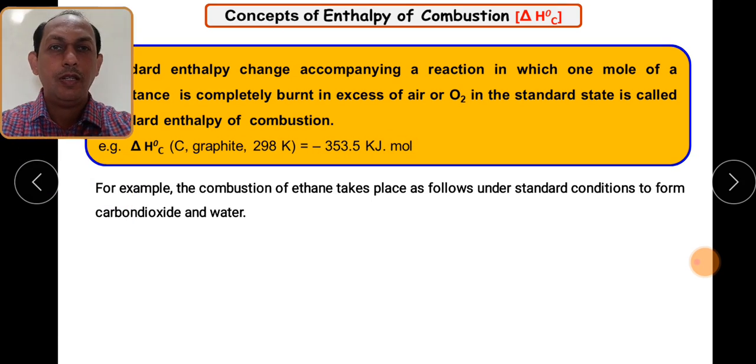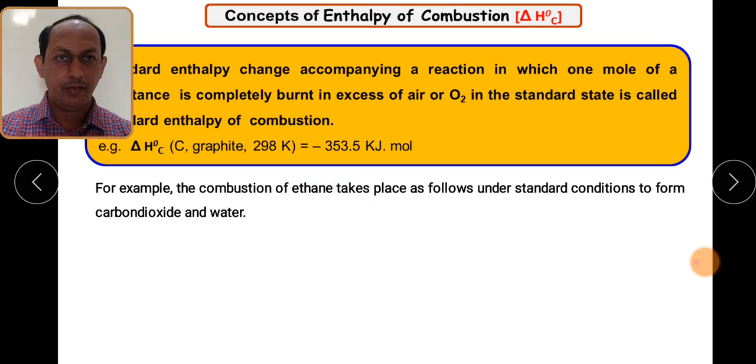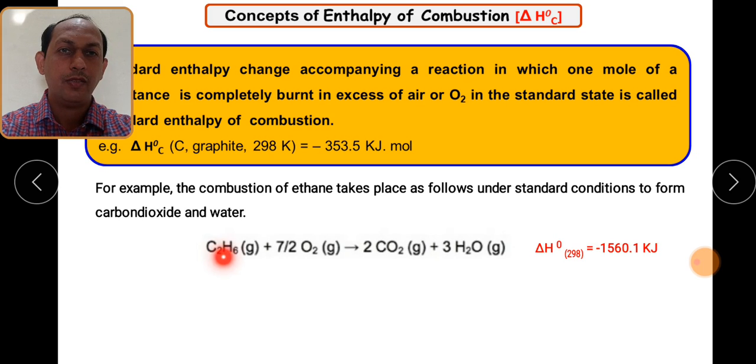If we see another example, suppose there is ethane. If we burn ethane in the presence of excess air, it will form carbon dioxide and water. Let us see this particular reaction. This is ethane, C2H6. If it is burned in the presence of excess air, it will give out carbon dioxide and water. This is the enthalpy of combustion, minus 1560.1 kilojoule.